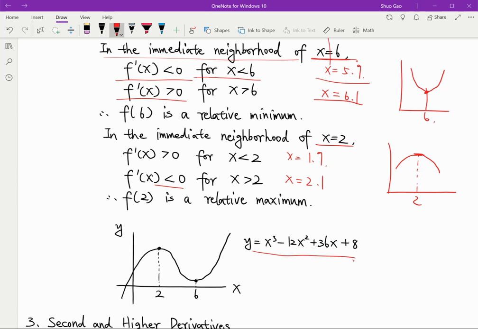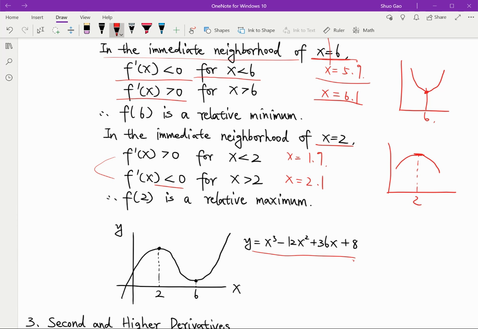So suppose we again calculate the immediate neighborhood of the root, and we find that when x is smaller than the root or larger than the root, the signs are the same. For example, f prime x is positive for the first case and also positive for the second case, or negative for the first case and negative for the second case. The signs don't change from the left to the right.